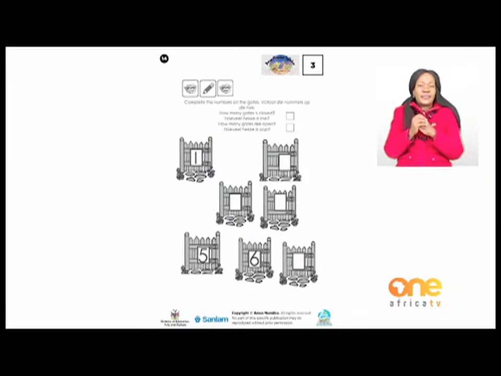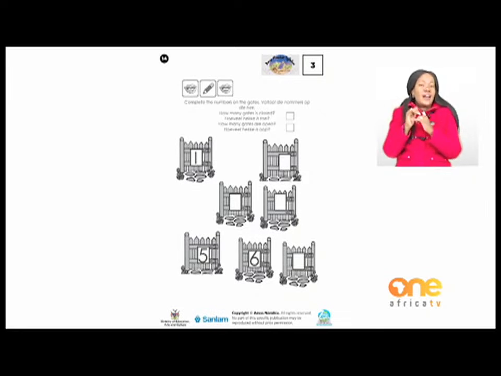Can you point to the gates and count to see how many they are all together? We can go 1, 2, 3, 4, 5, 6, 7. Yes, there are 7 gates on the farm.